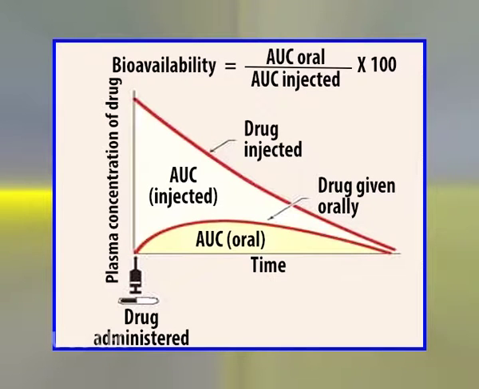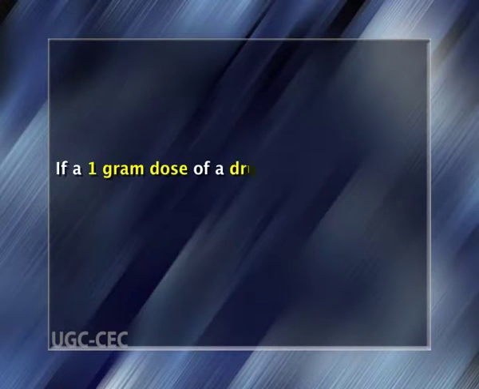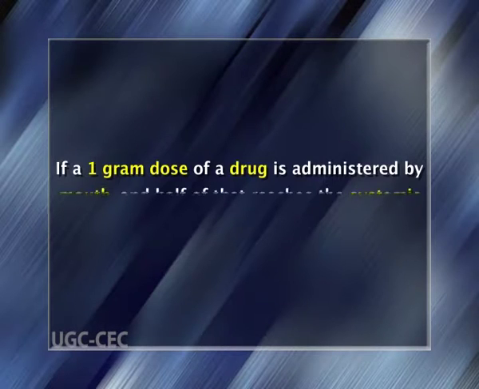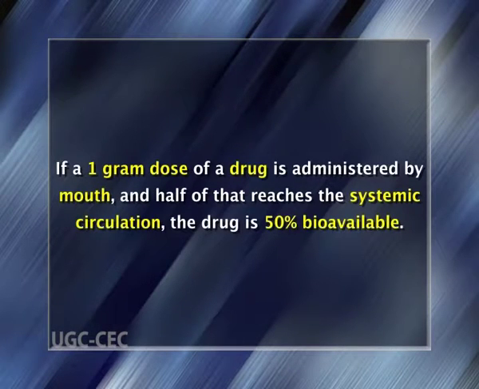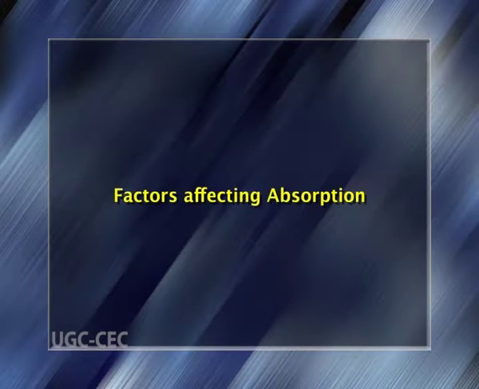The relationship between the drug dose and the amount ultimately delivered to the bloodstream is defined as bioavailability. If a 1 gram dose of a drug is administered by mouth and half of that reaches the systemic circulation, the drug is 50% bioavailable.